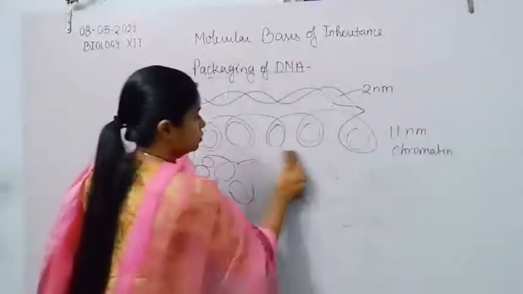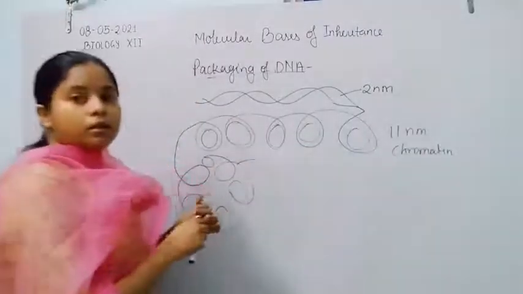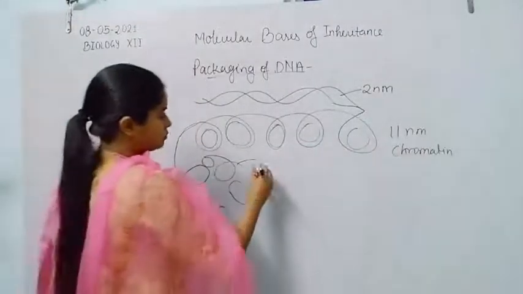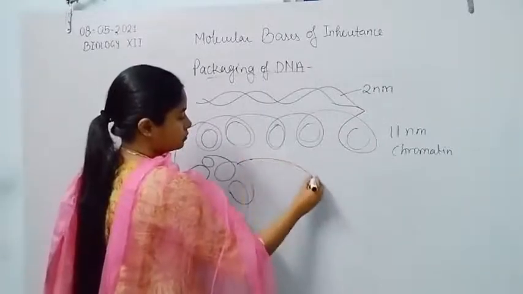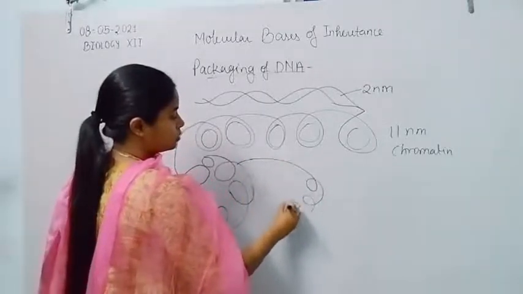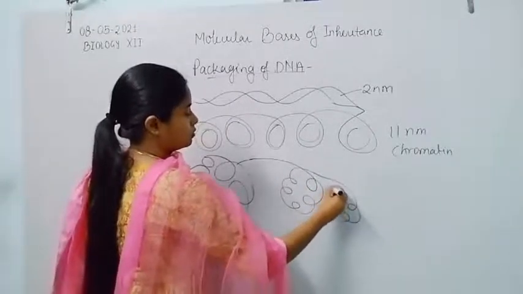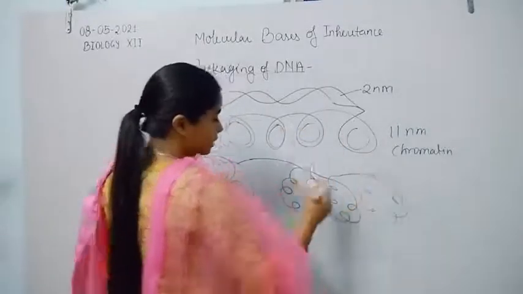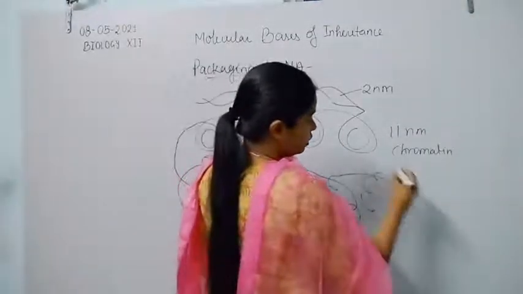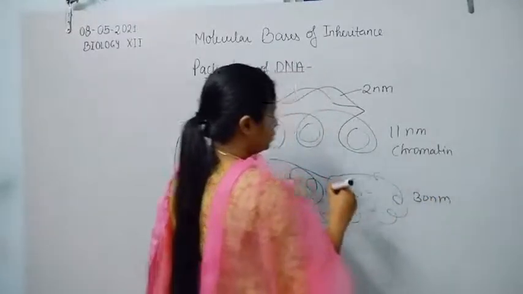Here are the solenoid structures, and the length of this solenoid structure is about 30 nanometer.